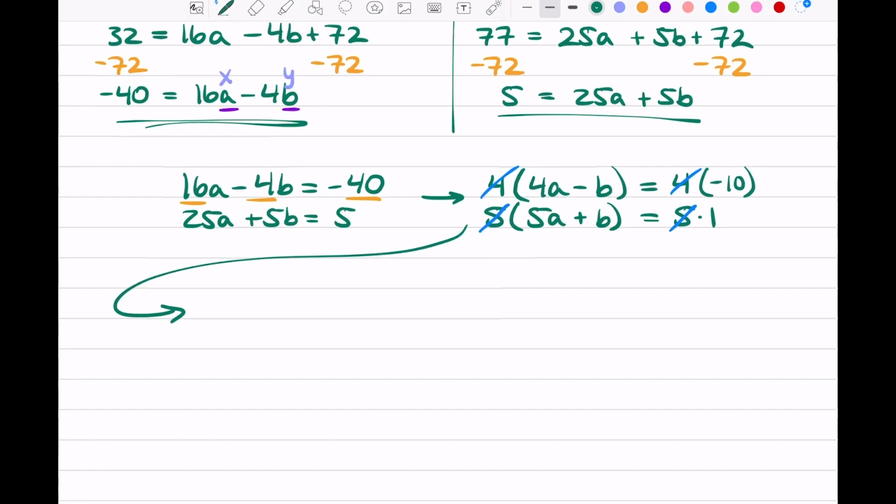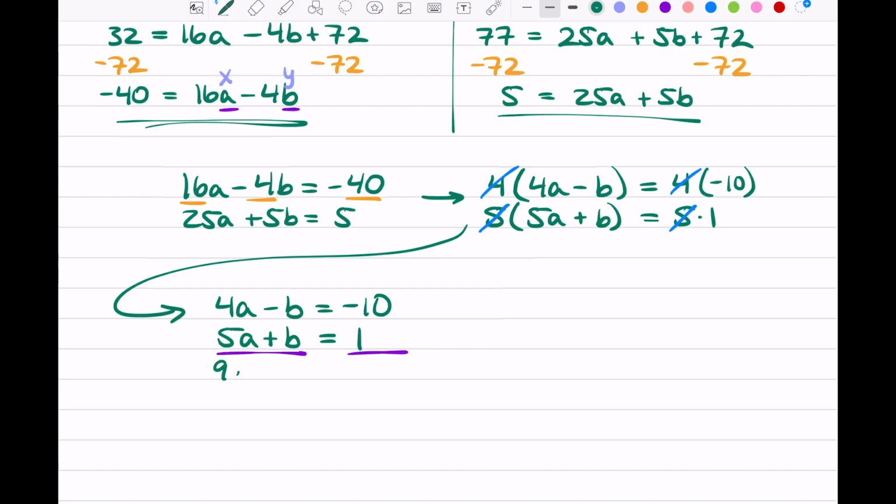So our new system looks like 4a minus b equals negative 10, and 5a plus b equals 1. And now this is easy to combine. We just need to add up the pieces on the left side, and then our b's will cancel. So let's do that: add up the pieces on the left and the right.